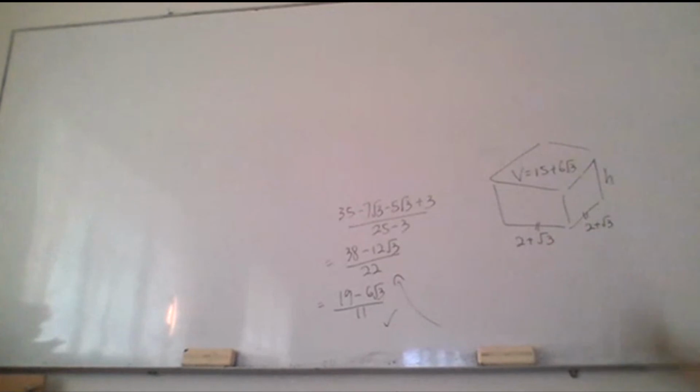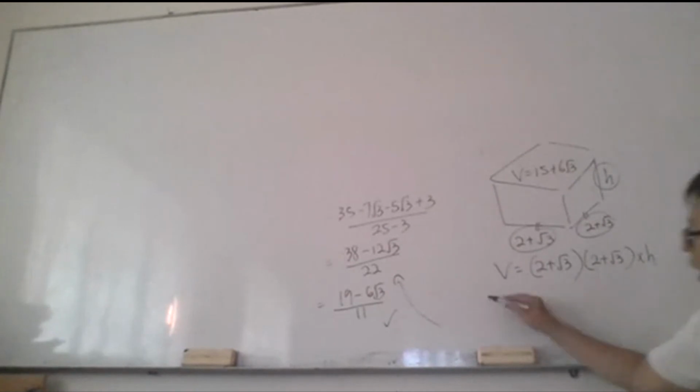So to get the volume, I need to multiply these two and h. So volume will be 2 plus square root of 3, times 2 plus square root of 3, times h.